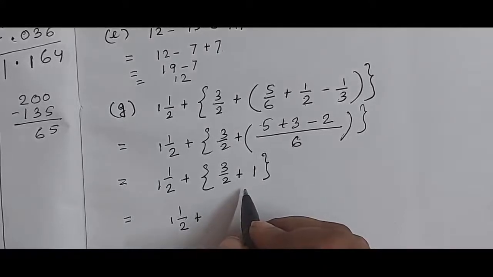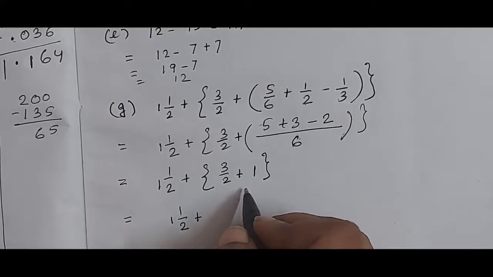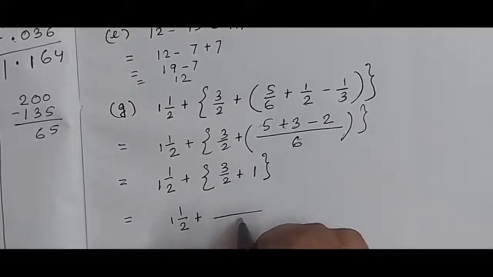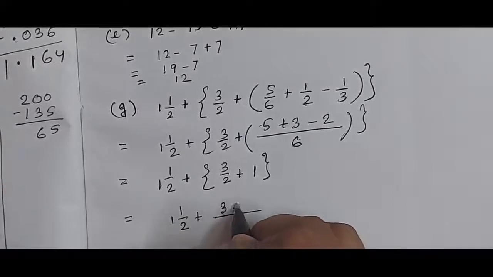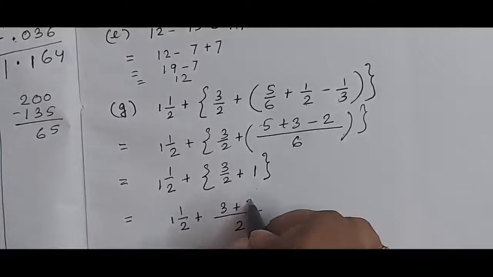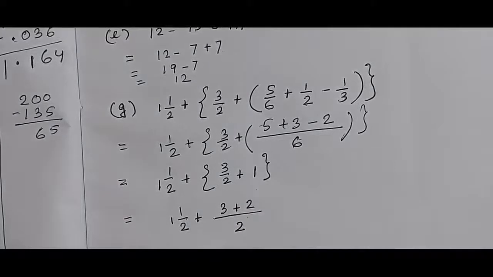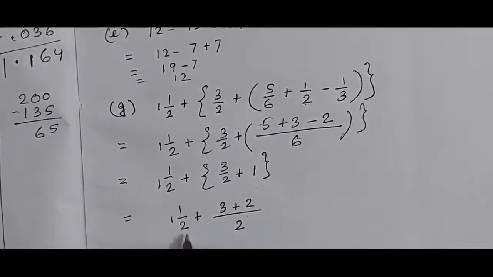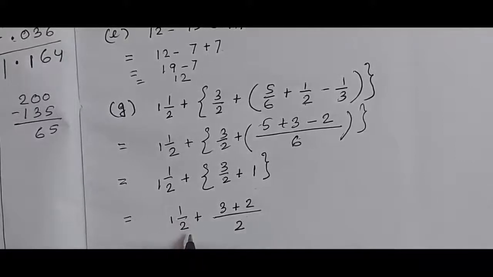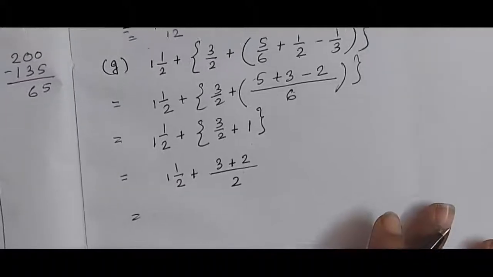It is 1 3/2. Or you can do it in this way. Take the common denominator 2. 2 divided by 2, 1. 1, 2, 3, 3 plus 2. So that is equal to, we can change 1/2 into the improper fraction.